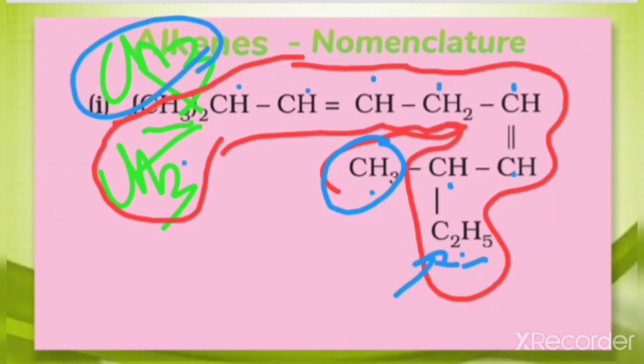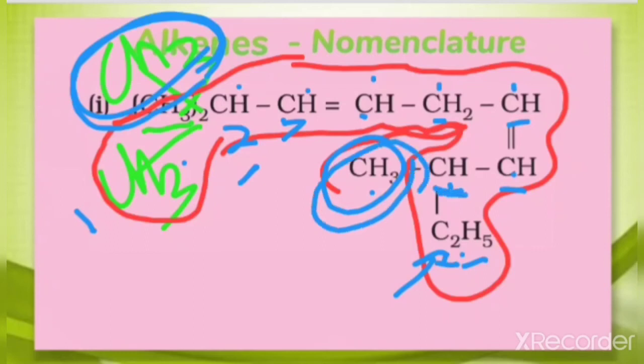When you count from this side, this is the first carbon, second, third, 4, 5, 6, 7, 8, 9, 10. One of the methyl groups is on the second carbon, and on the 8th carbon there is also a methyl group.